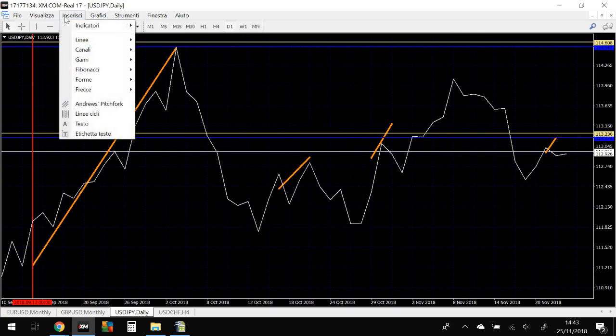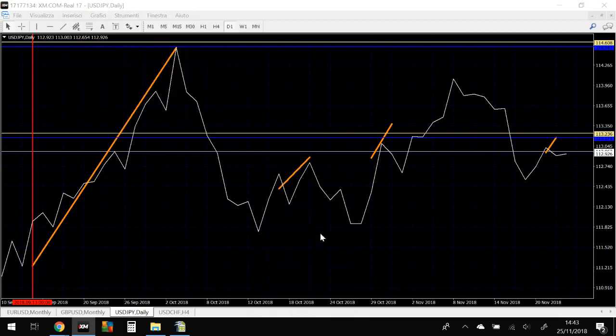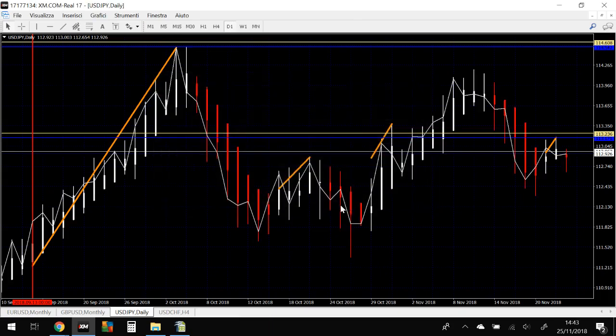Now, let me add the Heikin-Ashi bars. Okay, so the colors are different, but it is the same. The bear bars are the red ones and the bullish are the white ones.